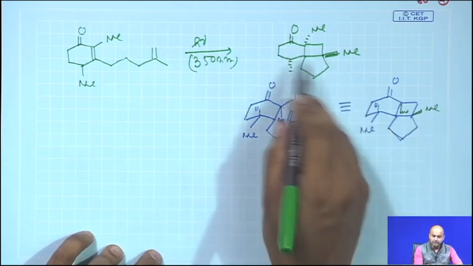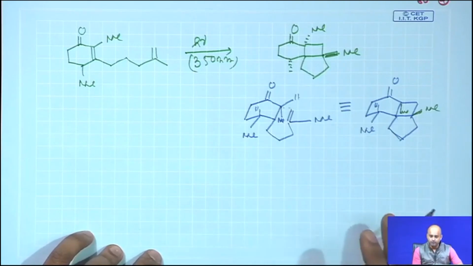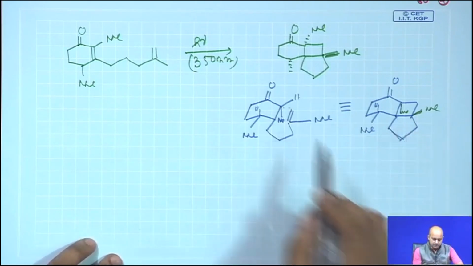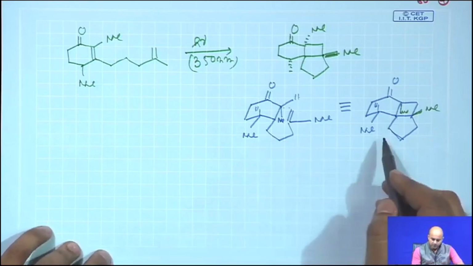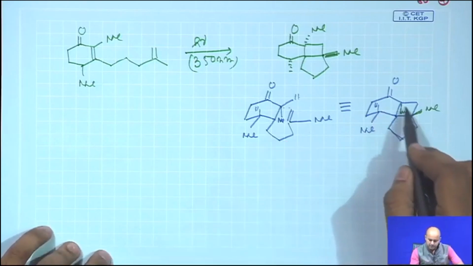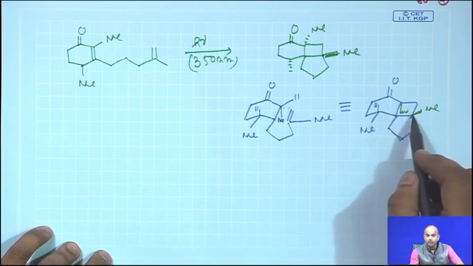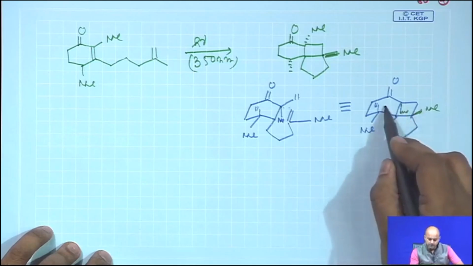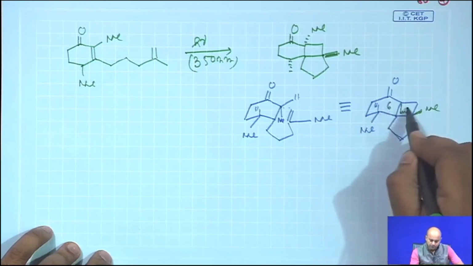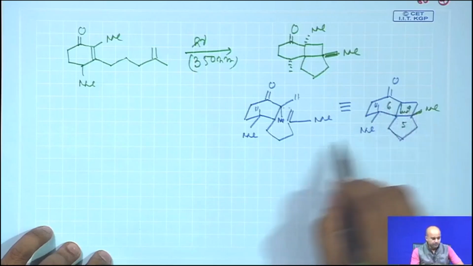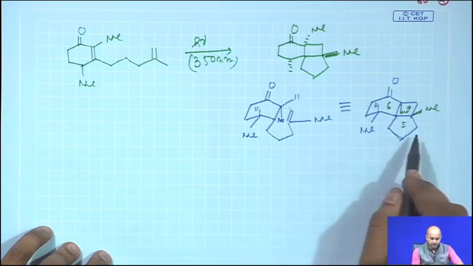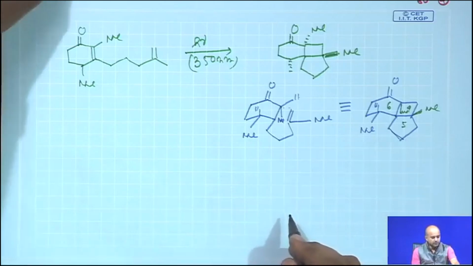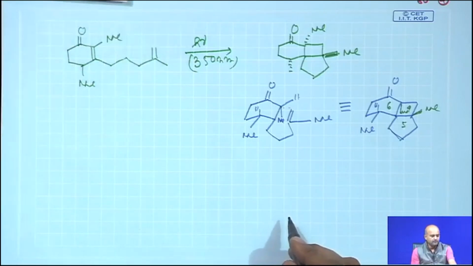So, this relative stereochemistry you can also explain in terms of ground state conformational energy, and then you have this bridged system. This topology, linear 6-4 and 5, has basically been created. Fine.